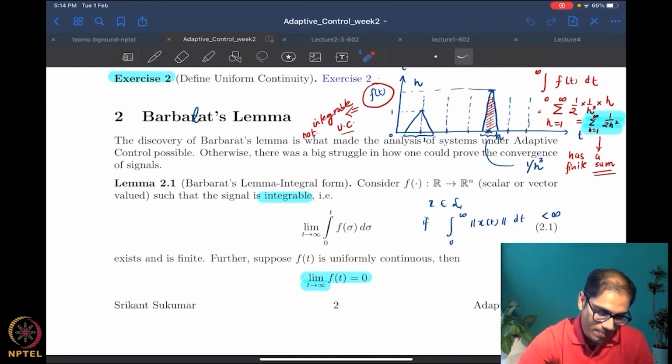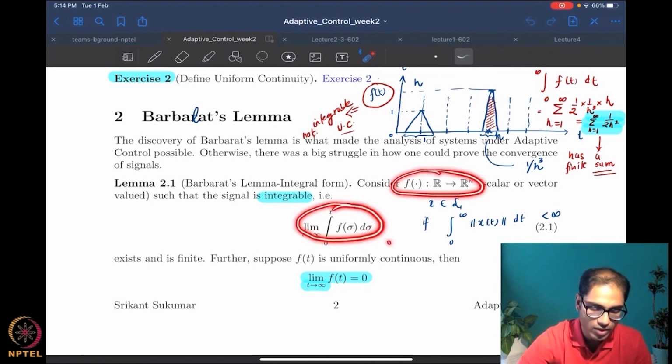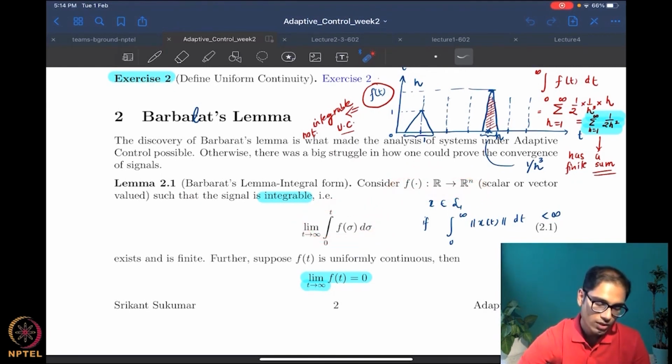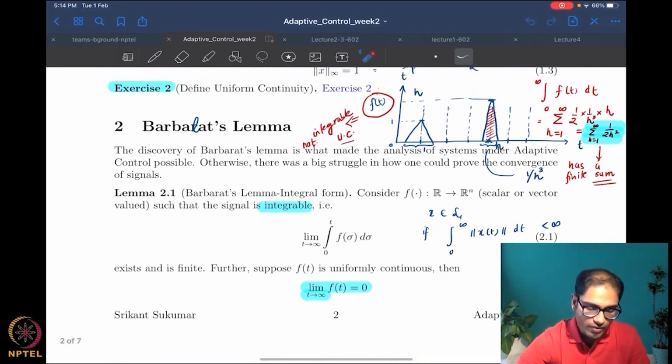In this lemma, essentially we say that if a function is integrable, and here we could talk about both scalar and vector valued functions, where for vector valued functions we look at component wise integrals, and further that the function is uniformly continuous, then the function converges to 0 as t goes to infinity.